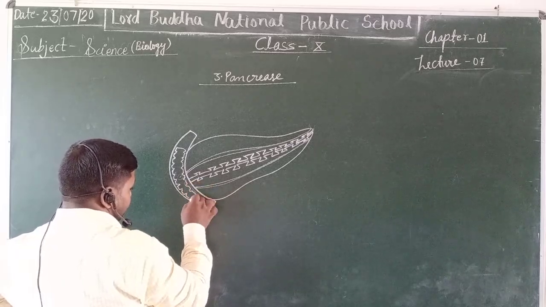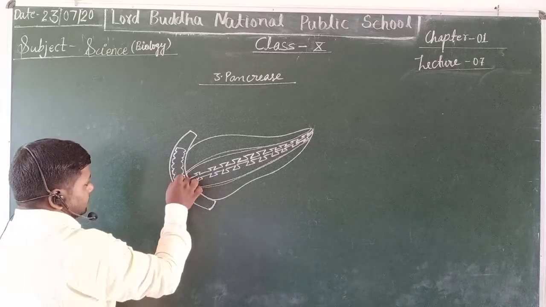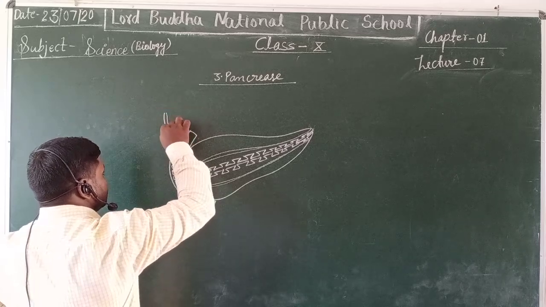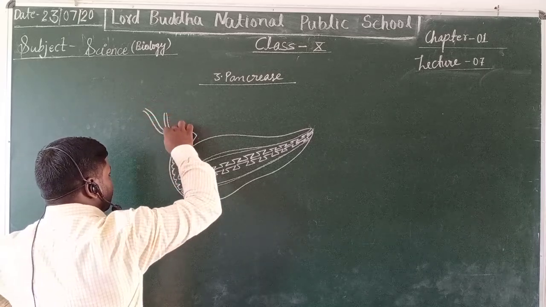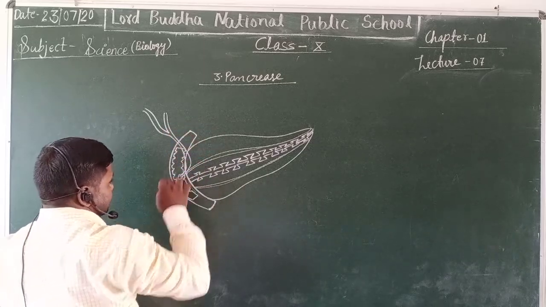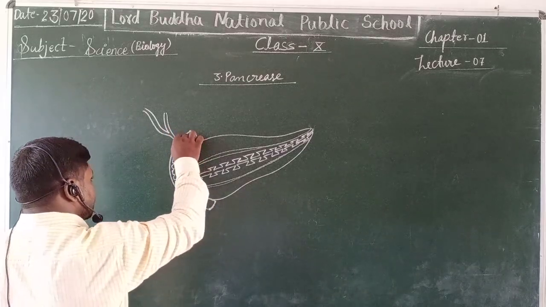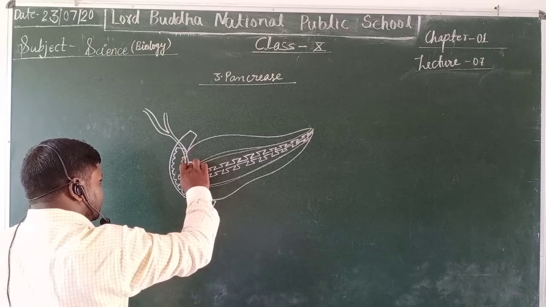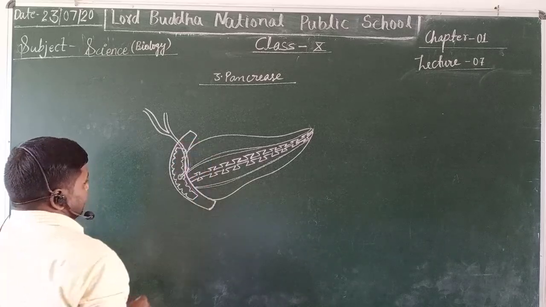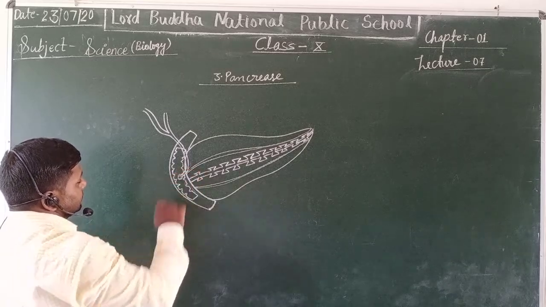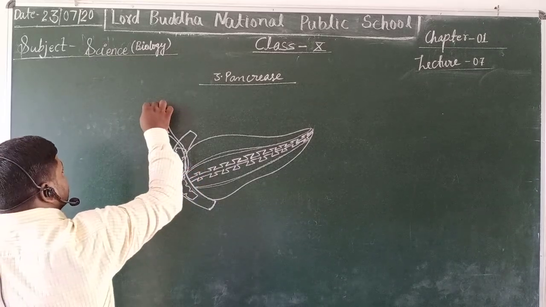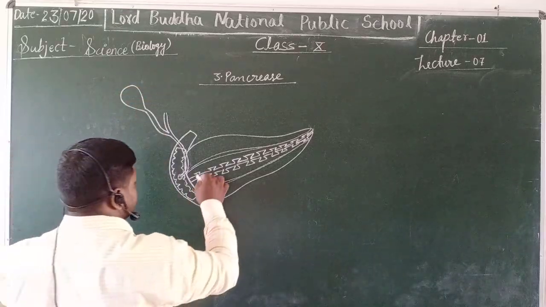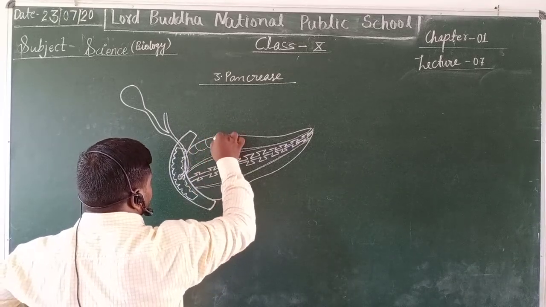When the bile juice and pancreatic juice are both secreted here, an inflammatory burning sensation takes place. That sensation helps in the combustion of the food as well as the breakdown of complex organic and inorganic substances into simpler forms.